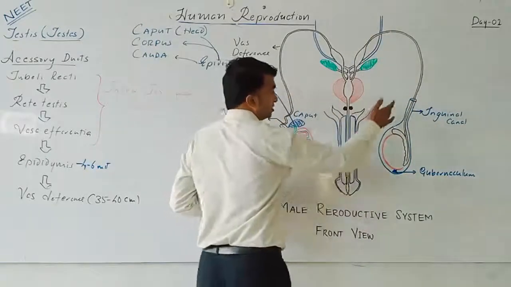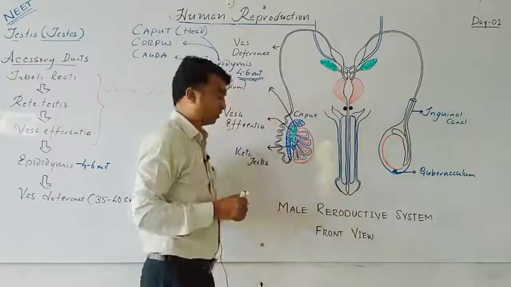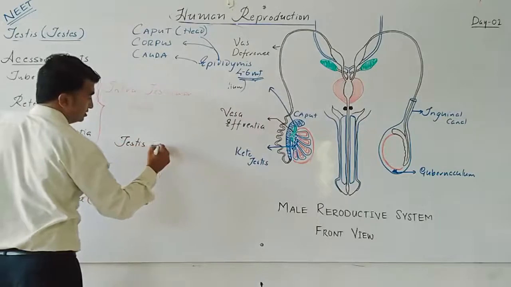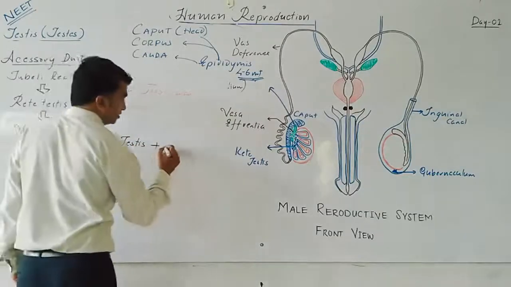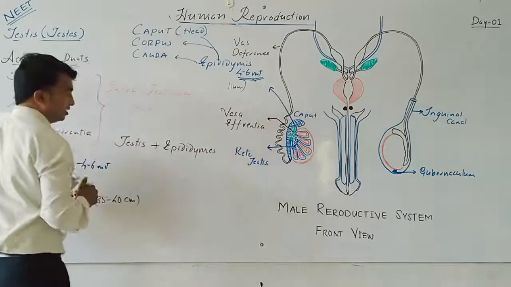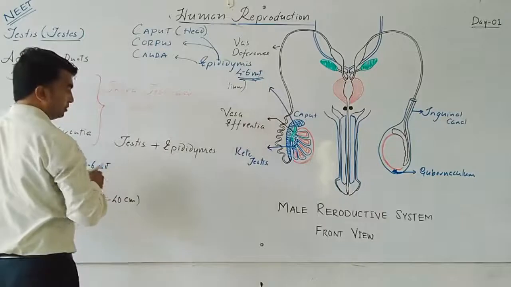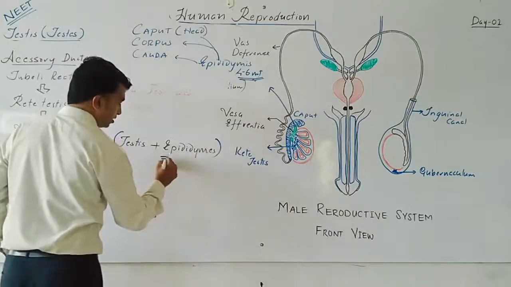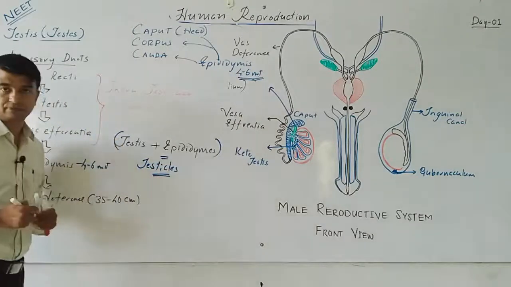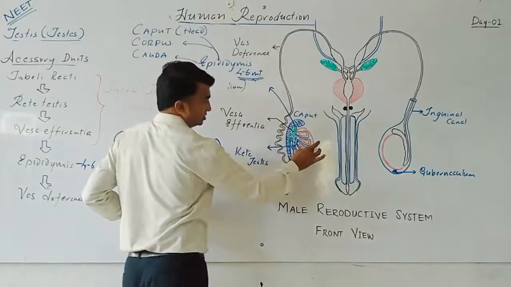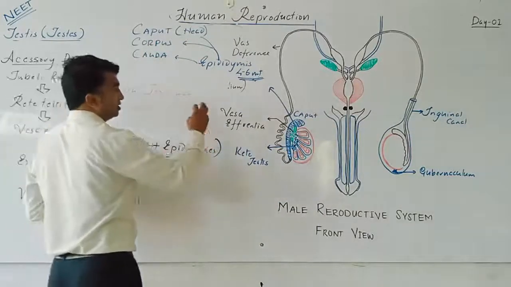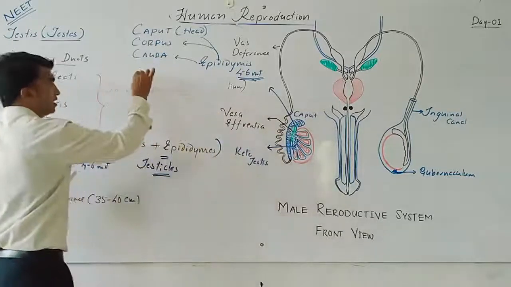Now this is the extra-testicular part. The testis plus the epididymis are collectively called the testicles, and the ducts present inside the testis are called intratesticular ducts.